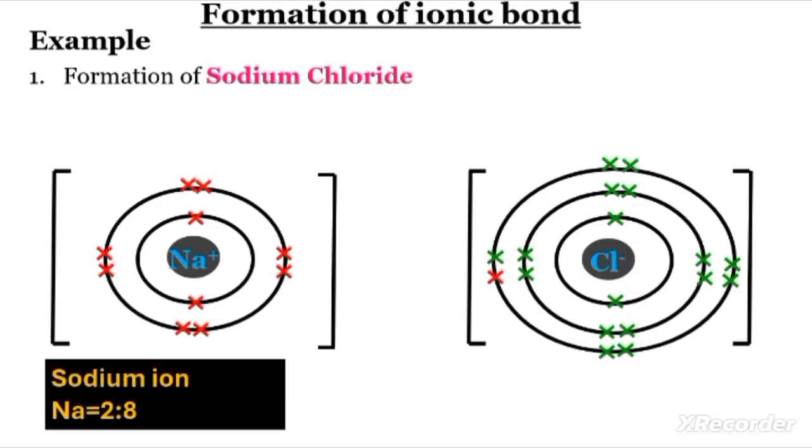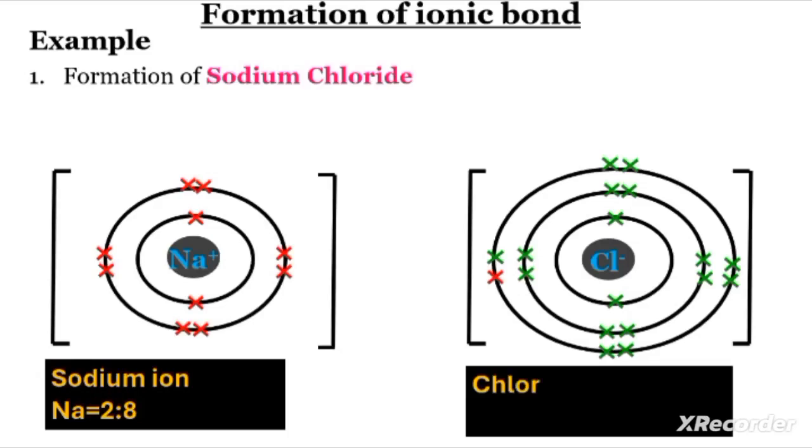Let us also come up with a new electron configuration. Initially sodium had 2,8,1. Now here we have sodium ion, which has 2,8. Let us also come up with the new electron configuration for chloride ion.